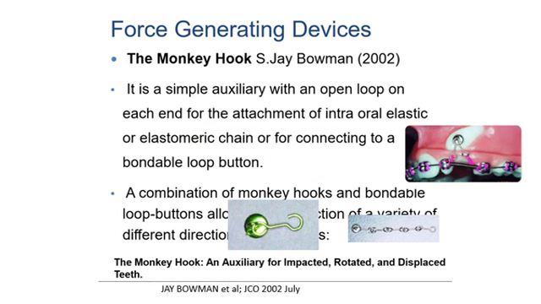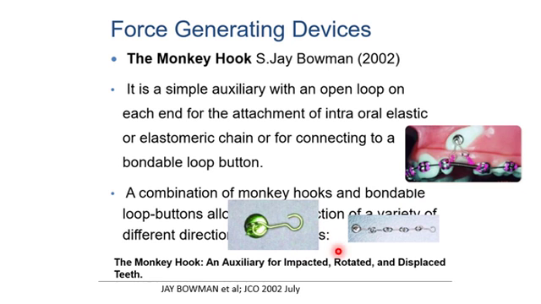Monkey hook, Baumann 2002. It is a simple auxiliary with an open loop on each end, for attachment of intraoral elastics or elastomeric chain connecting to a bondable loop. A combination of monkey hooks and bondable loop buttons can be applied in a variety of different directions.